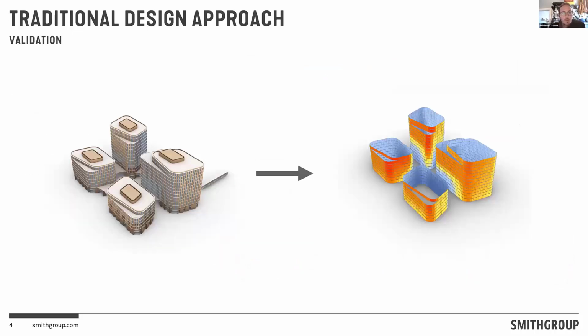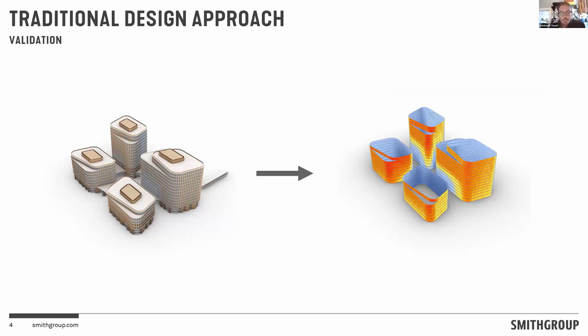So the traditional design approach goes something like this. We wait for a building to be given to us by the architects, and they ask us to tell them how good they're doing. And we can run that analysis, and that's helpful, but it doesn't necessarily help us to create design decisions for better performing buildings.